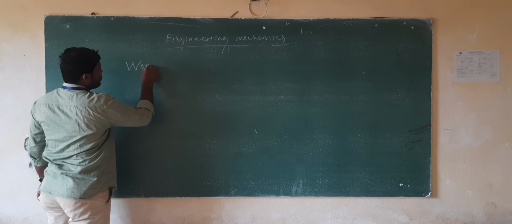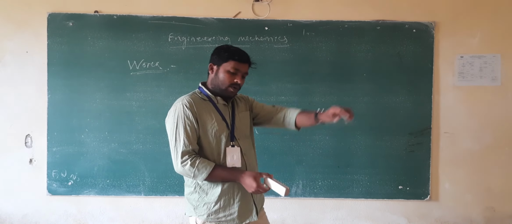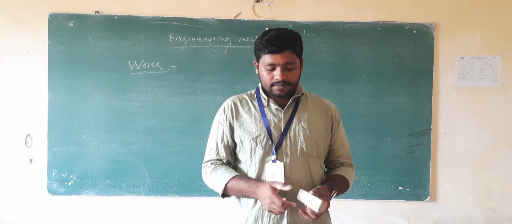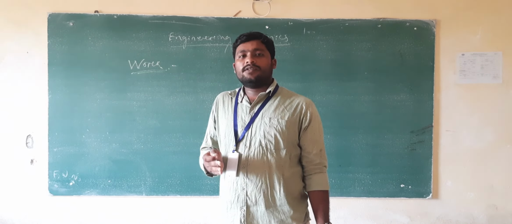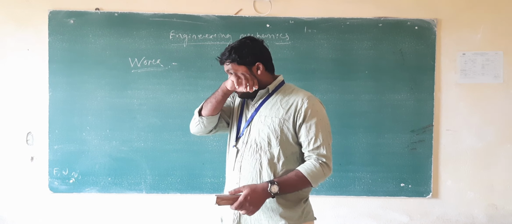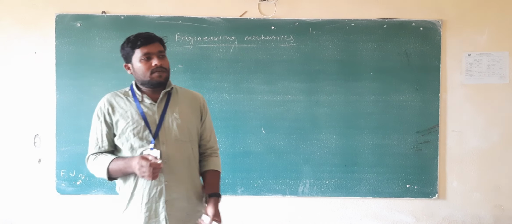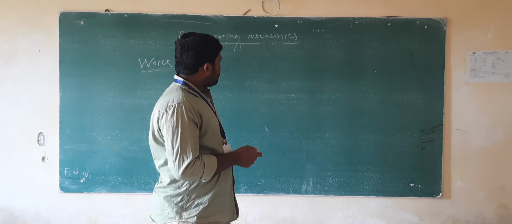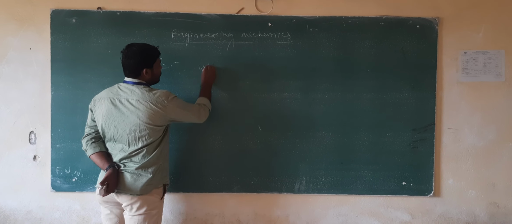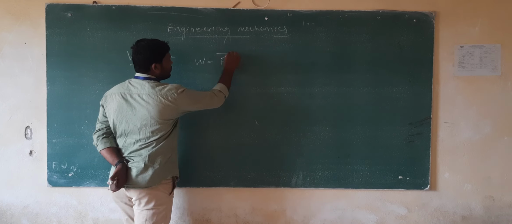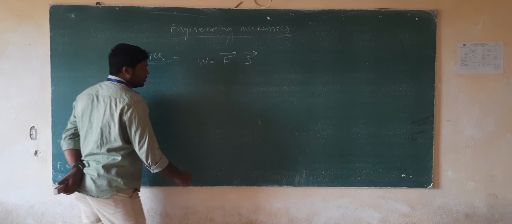Then work. Generally, mechanical work is the product of force and displacement, and the direction of work is in the direction of force. The direction of force is in the direction of displacement. Mathematically, work is the dot product of force and displacement.